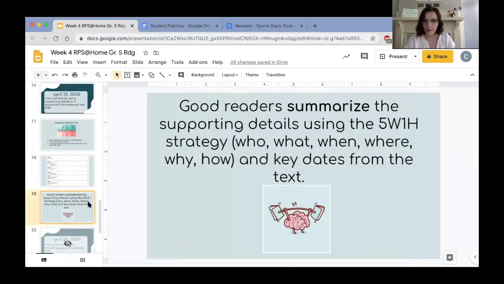I want you to bear in mind as you get started that you can do this because you're a good reader, and good readers summarize the supporting details using their strategies. So the 5 W's 1H strategy, the timeline strategy, using our key dates from the text. And the whole point of all of this is to be able to give what we know to other people through our writing. I'll see you back here tomorrow, and I hope you have a great rest of your day.